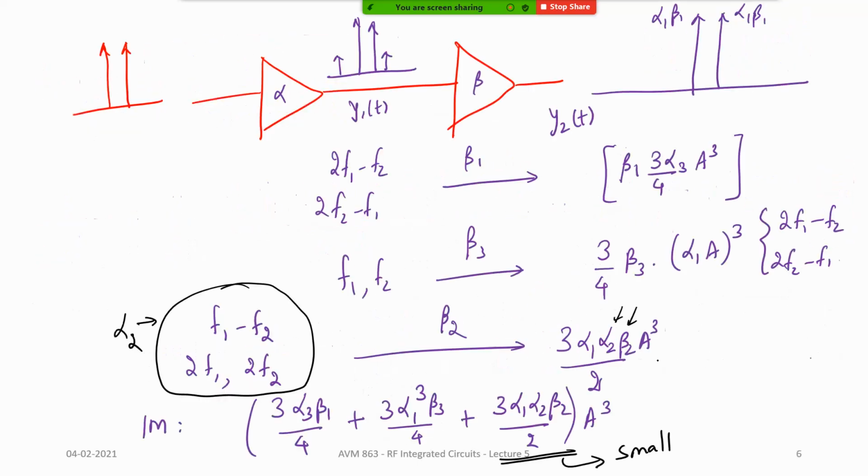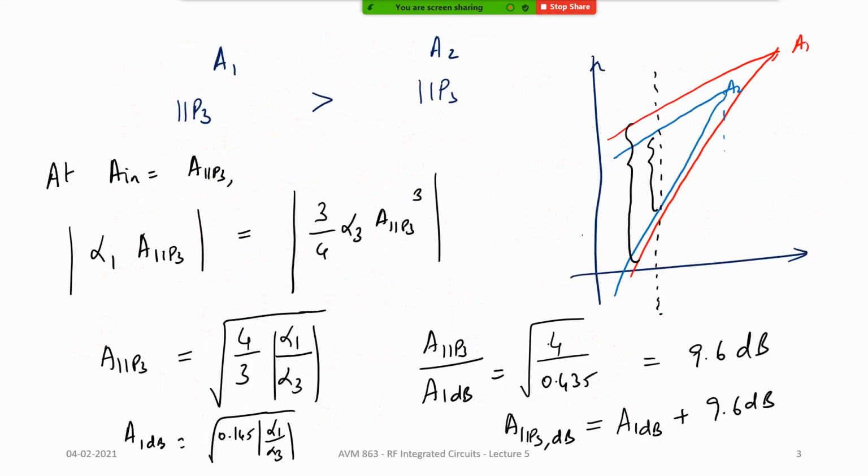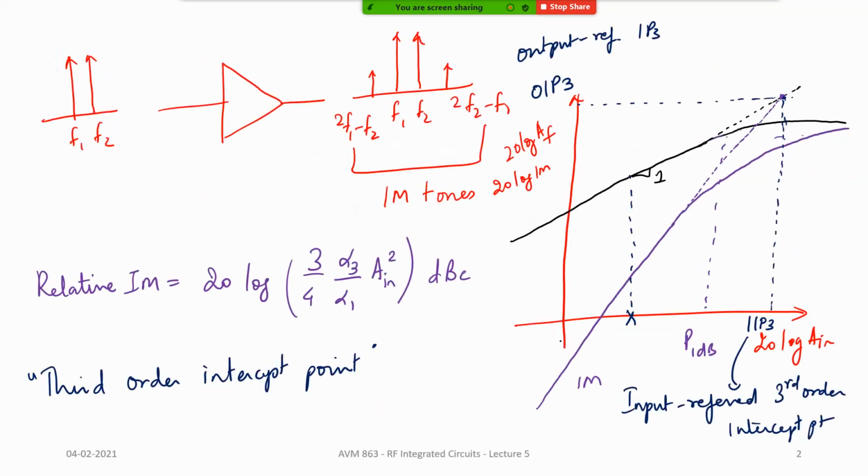Okay. So basically, what we saw in today's class is to come up with a metric to characterize amplifiers, and that metric is called the third order intercept point, which is not a physically achievable point. It is basically gotten through extrapolation.